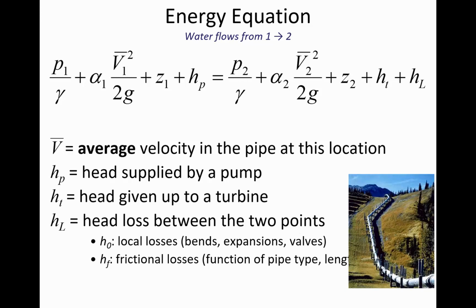Head loss has two components. It has the local losses and friction losses. Local losses are those that are caused by energy loss or turbulence at a single point.